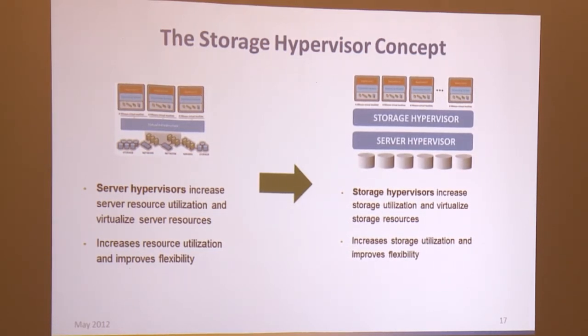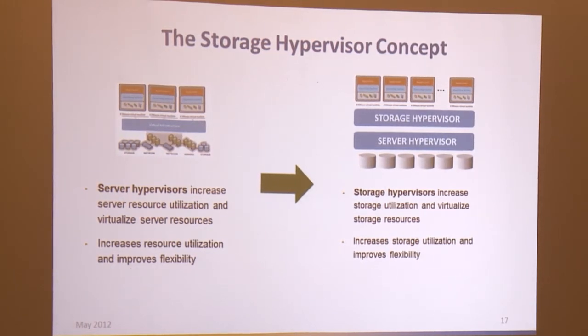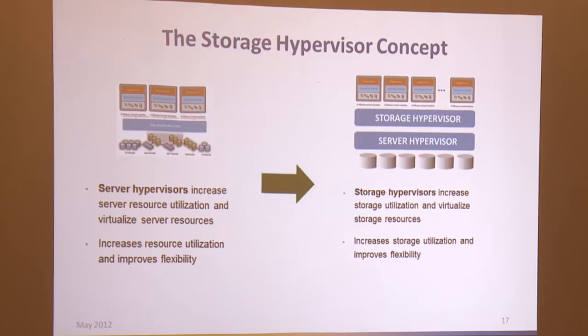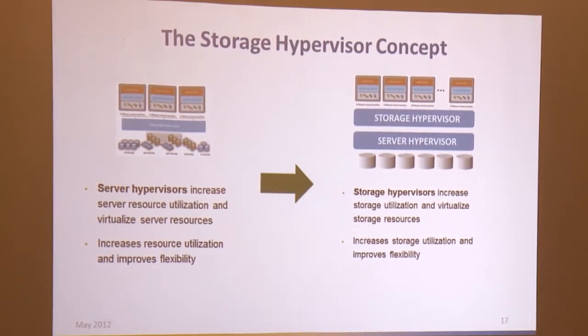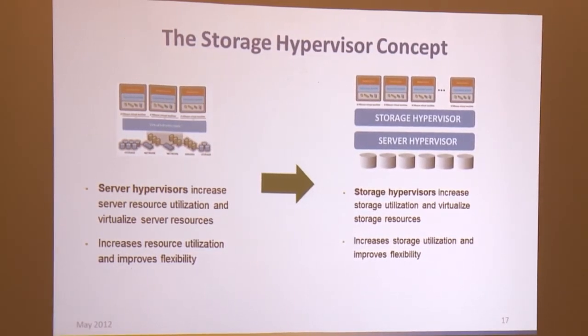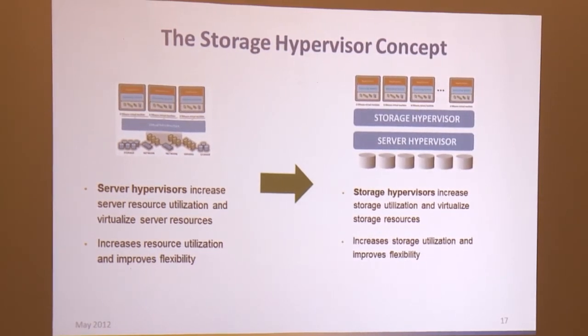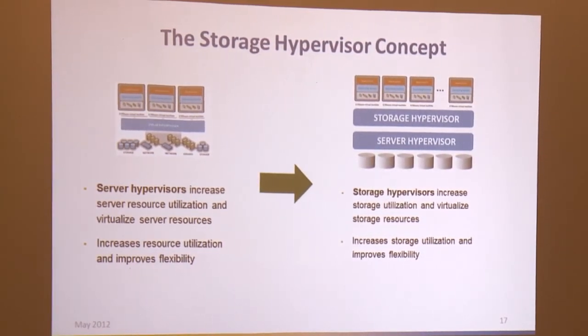Now, if you think about increasing resource utilization, let me give you a perfect example that sort of lays this concept out well. If you buy a high-end fiber channel 15K RPM disk, you're probably going to have a tech spec on there somewhere that says it delivers between 180 and 200 IOPS for that device.